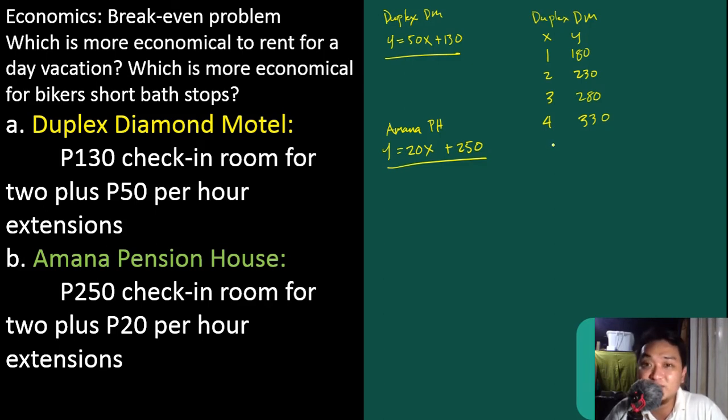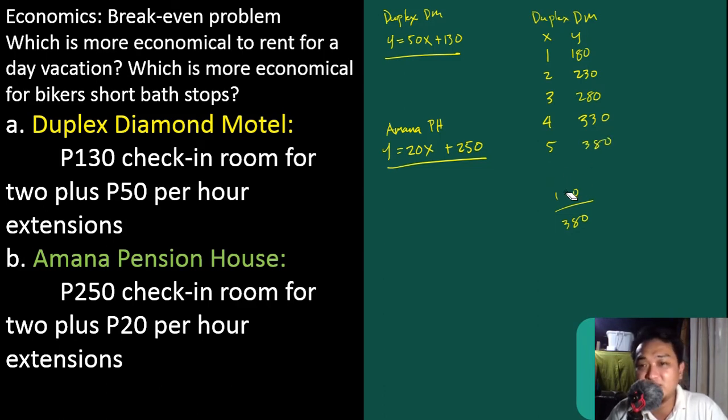Paano pag nagtagal tayo doon ng 5 hours? 50 times 5, that is 250. 250 plus 130, that is 380.